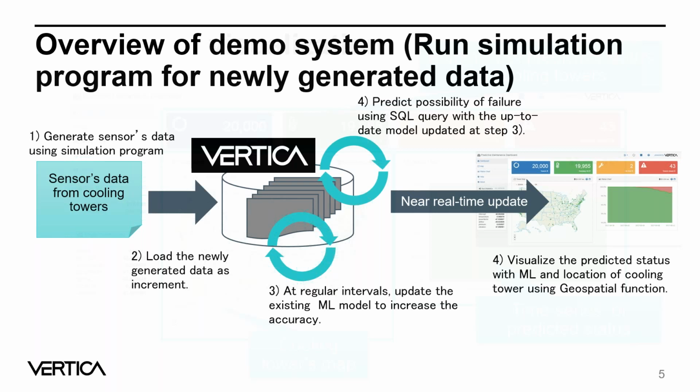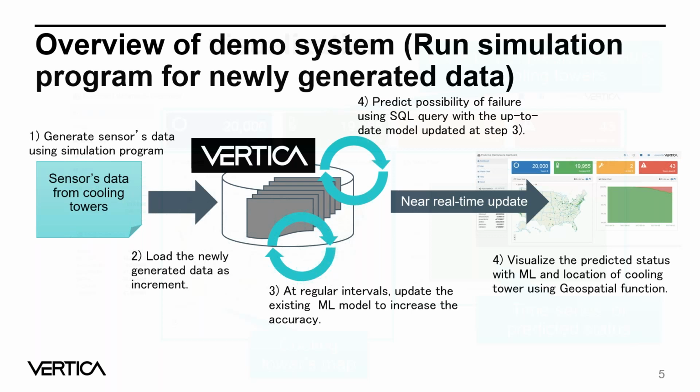The data goes to Vertica, very similar to the initial load phase. Then in step 3, the machine learning technique iterates the modeling calculation again to improve the accuracy of the model. This is one of the important points for the success of the machine learning process.